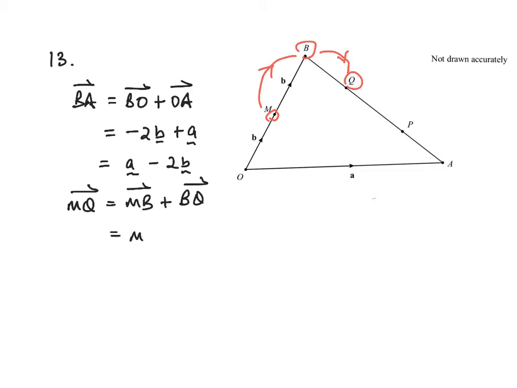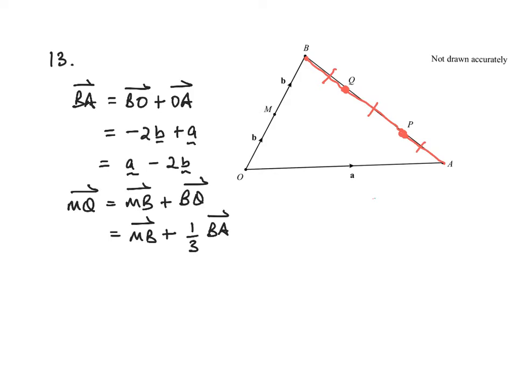Now, I hope you can see that BQ, this part here, BQ is 1/3 of BA. So this distance here is 1/3 of the whole distance, because we're told that these three are equal in length.